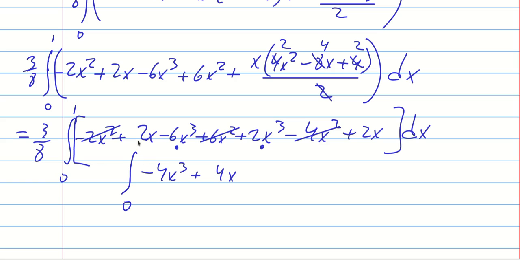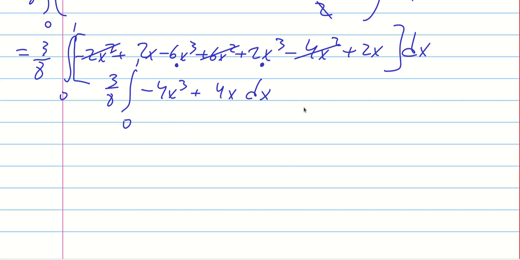Right, we have an integral from 0 to 1 of 3 over 8 dx. So finally, we can factor 4 out. It's 3 over 8 times 4, the integral of -x³ + x dx.